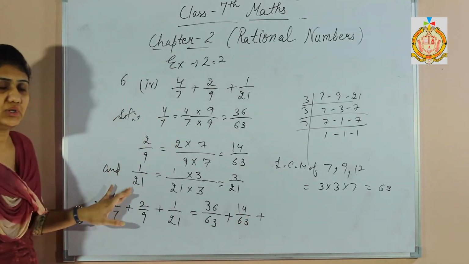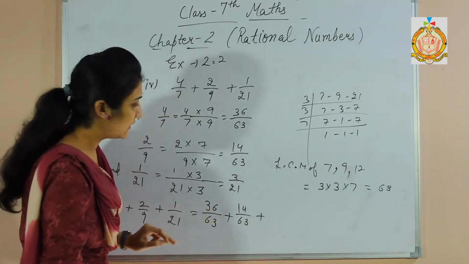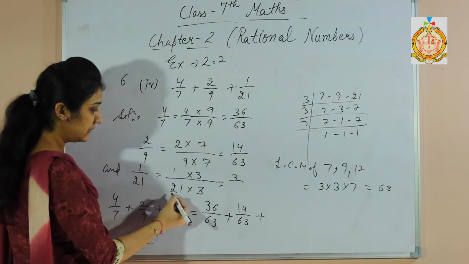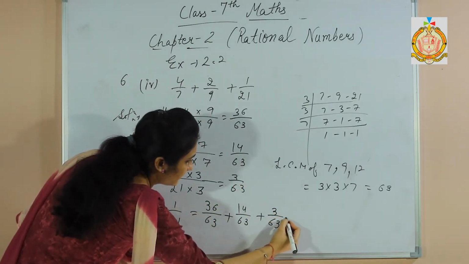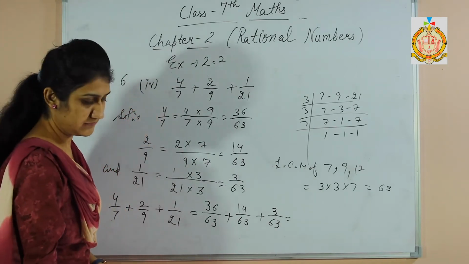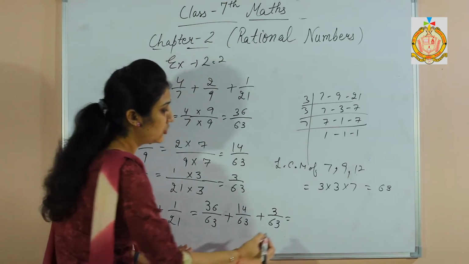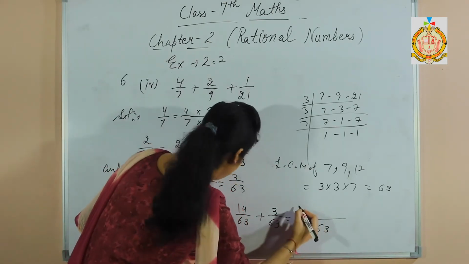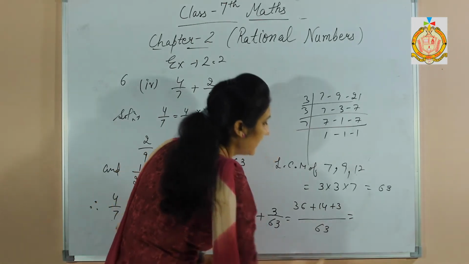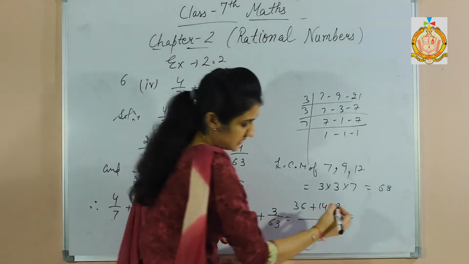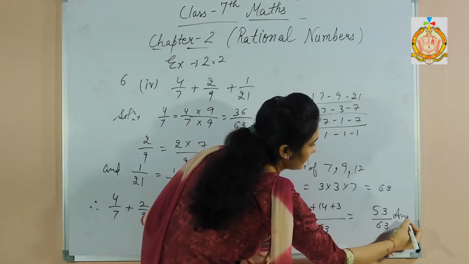And 1 upon 21 is 3 upon 63, after multiplying you will get 63. Now just add, because the denominator is the same now. 36 plus 14 plus 3. After addition, you will get the answer 53 upon 63, and that's the answer.